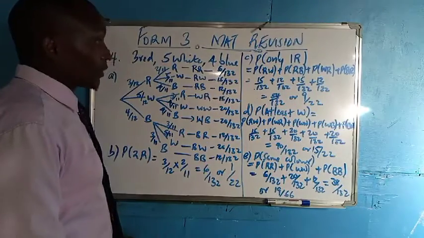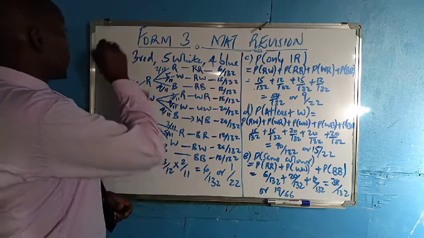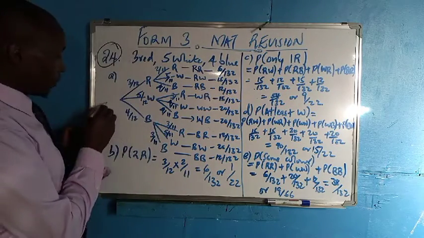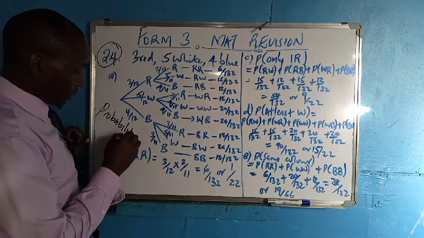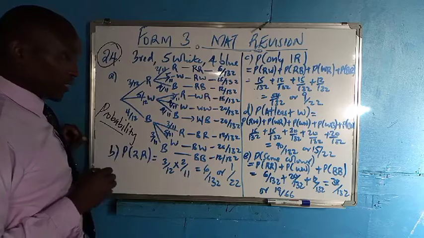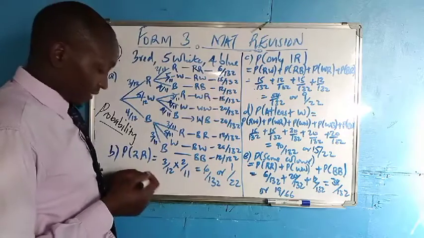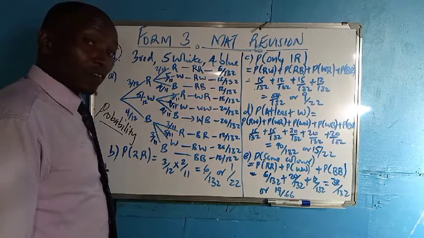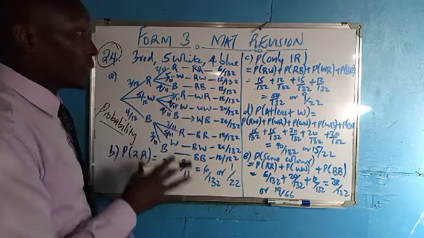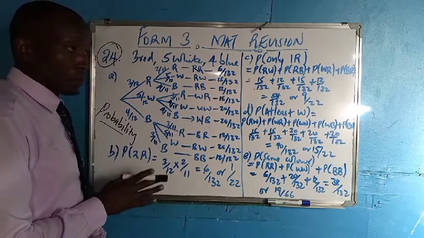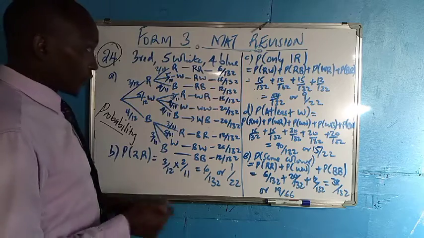Finally, my student, question number 24. This is a question on probability. Again, I say this one is a game of chances, a game of likelihood. So my student, you don't need to fear the question. However complex it may look, it is very simple. Now, what instruction are you given?